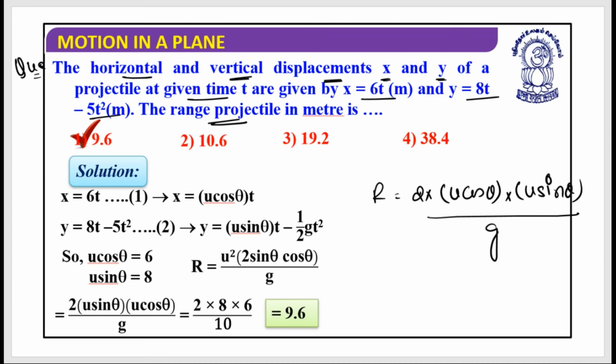So now what is given? The given data is x equals 6 into t, which is x equals u cos theta into t. That means u cos theta is given as 6. Next, y is equal to 8t minus 5 into t square, which is y equal to u sin theta t minus half g t square. If I compare this, u sin theta is equal to 8.